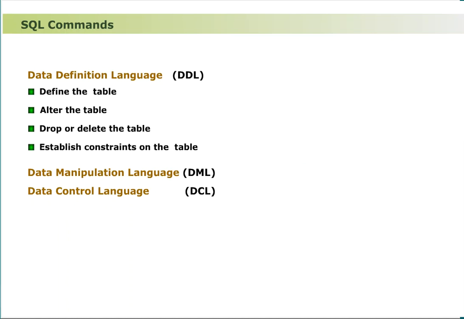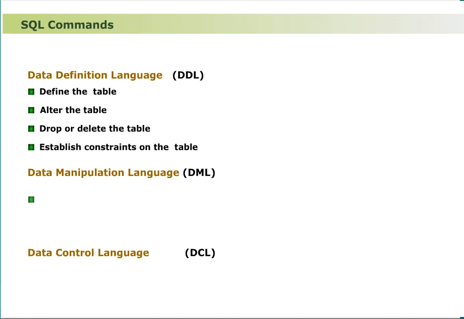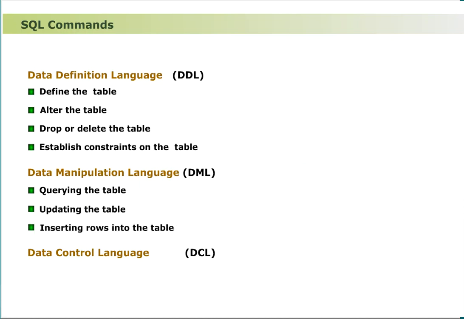The data manipulation language is used to mainly querying the table, updating the table, inserting rows into the table. The data control language is used to maintain security of table, administration of privileges on tables.